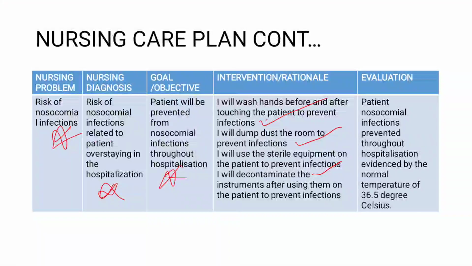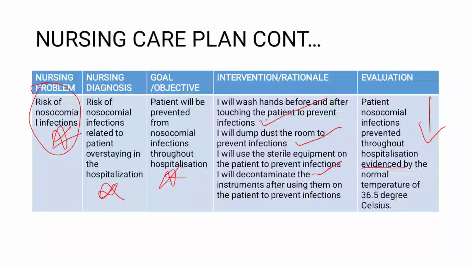You can say I'll use sterile instruments or equipment on the patient to prevent infection. You can also talk about decontaminating the instruments after using on the patient to prevent reinfection. And in terms of our evaluation, remember, even if the problem is a risk problem, on evaluation it should always have evidence.